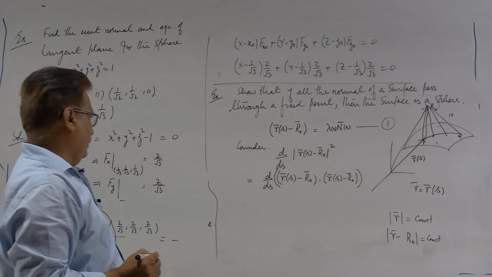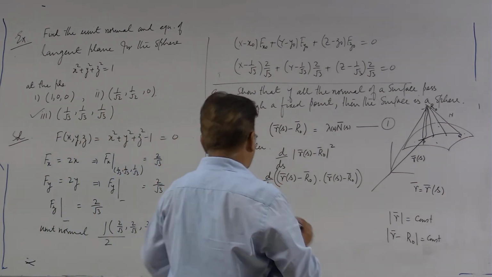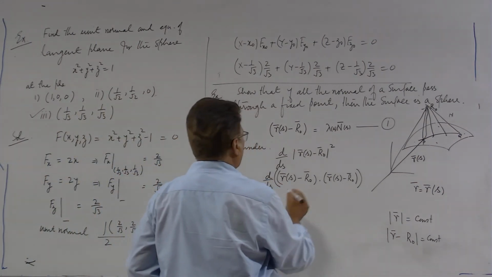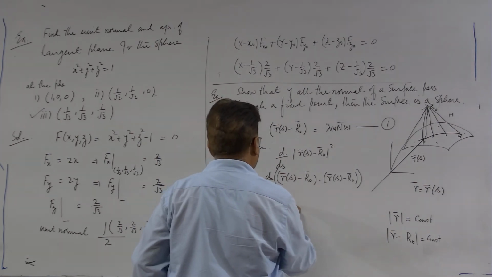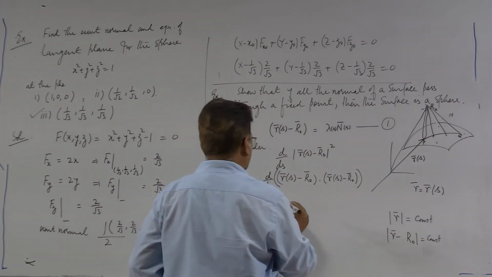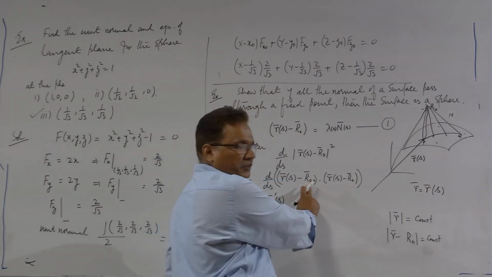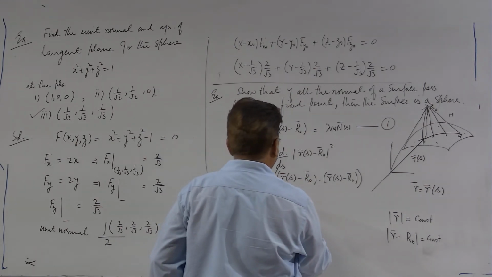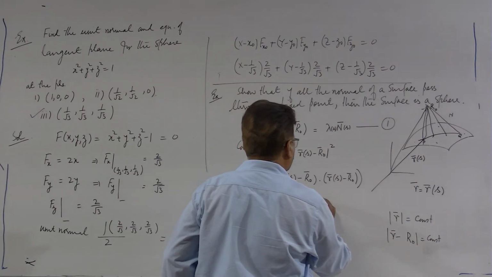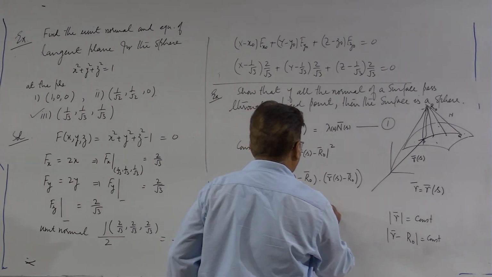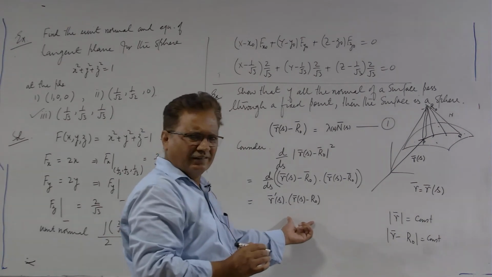All right. Now, how will you differentiate with respect to s? By parts. So the derivative of the first term will be r dash s. Derivative of this will be 0. So only this much, dot the second term as it is, minus R0, plus the same thing.